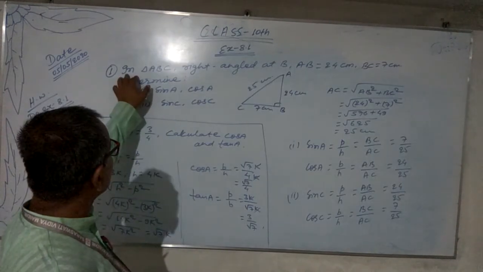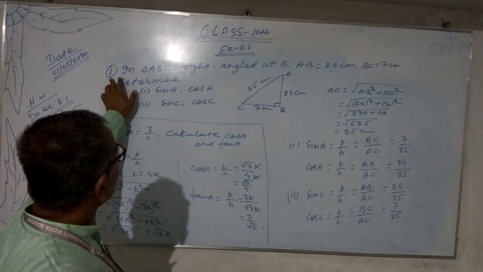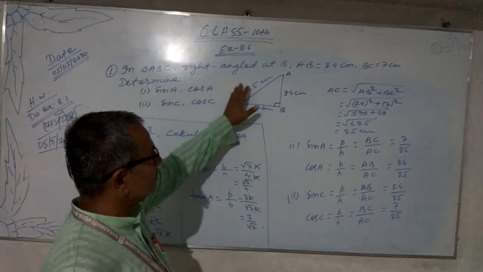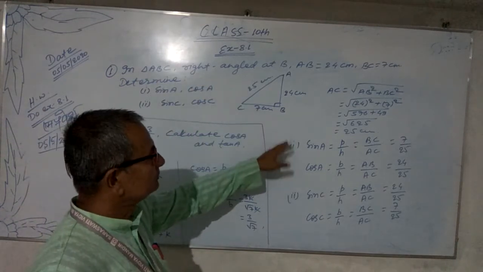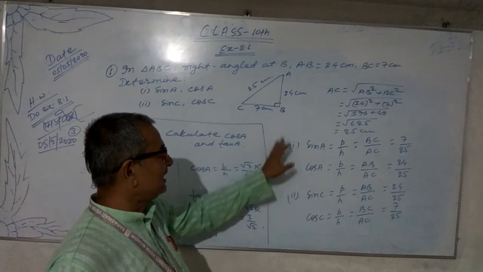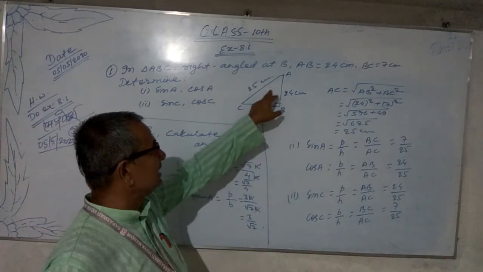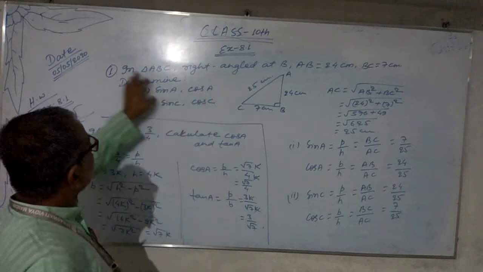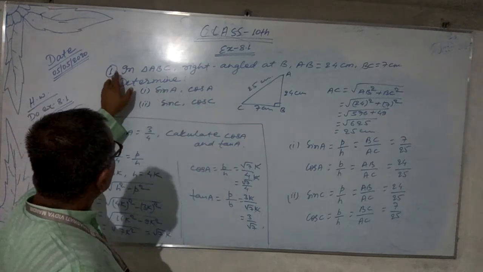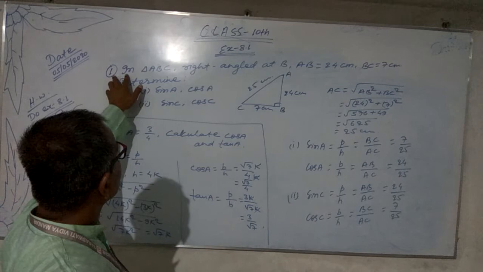Now we will solve the problems based on sin, cos, tan, and P, H, B, relationship between the sides and angles of a triangle. Problem first.